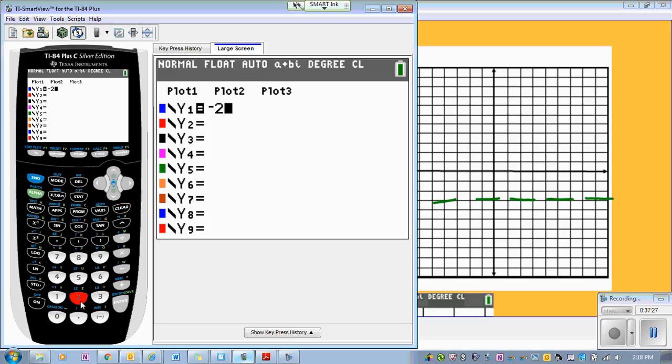So -2 and then parentheses 2 to the, and that x plus 1 in your exponent also needs to go in parentheses. And then -3.